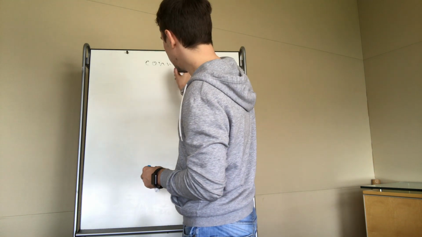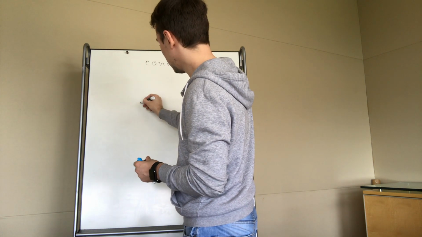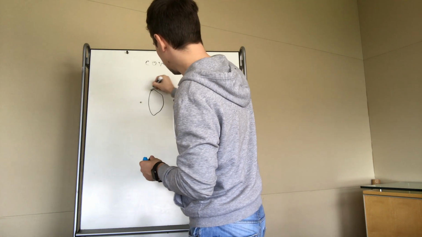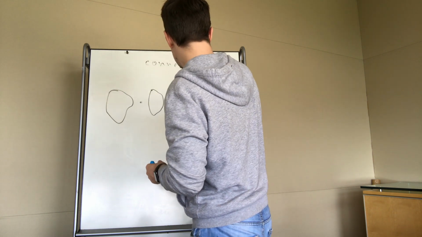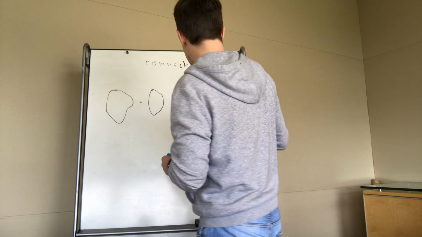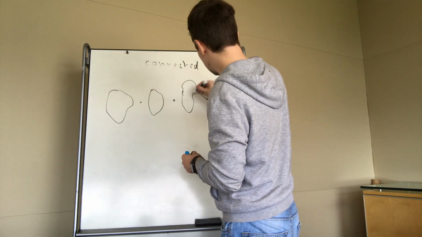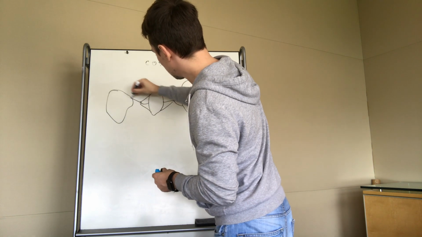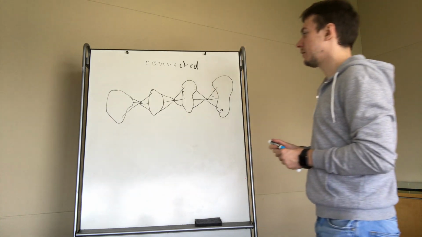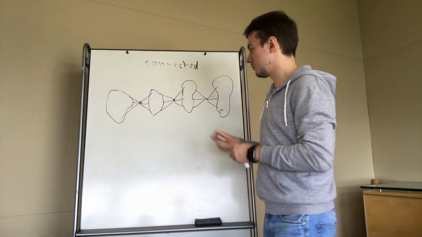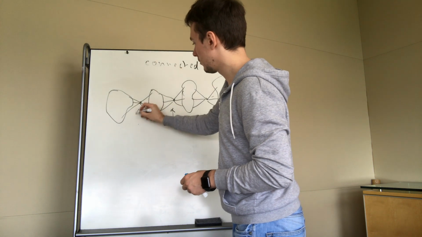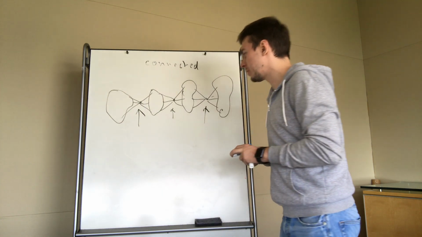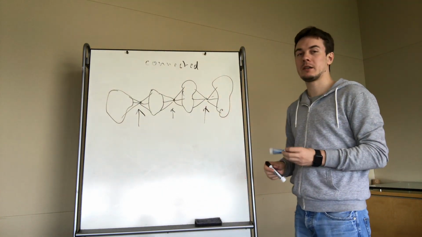It means that this graph has at least a few vertices which we can remove, and this graph will not be connected anymore.